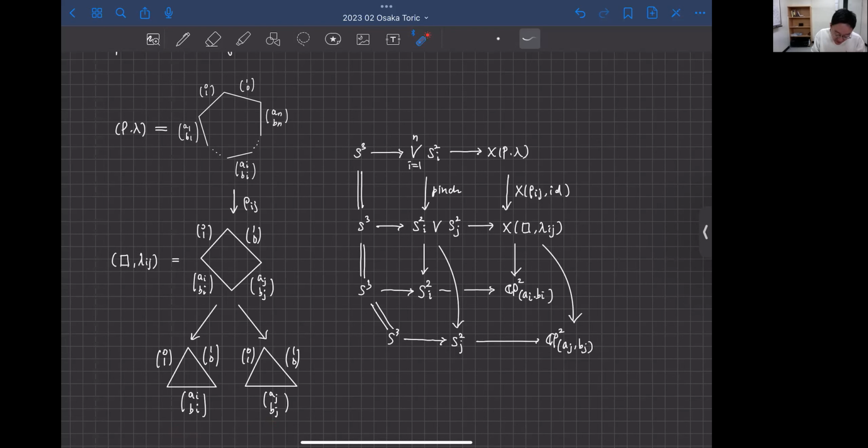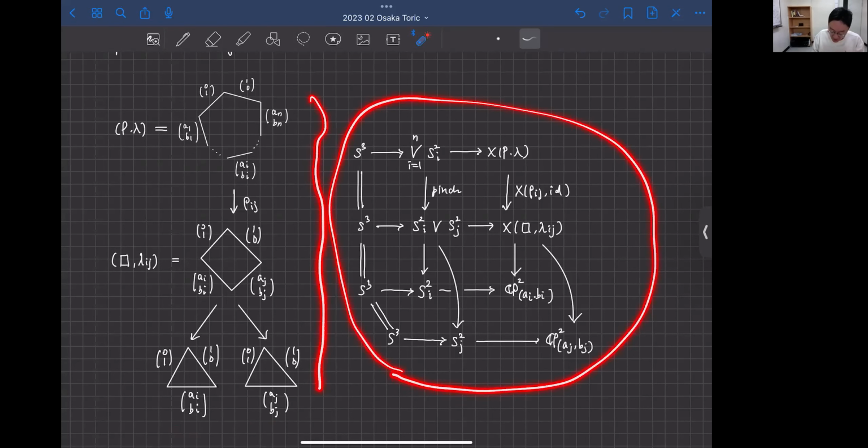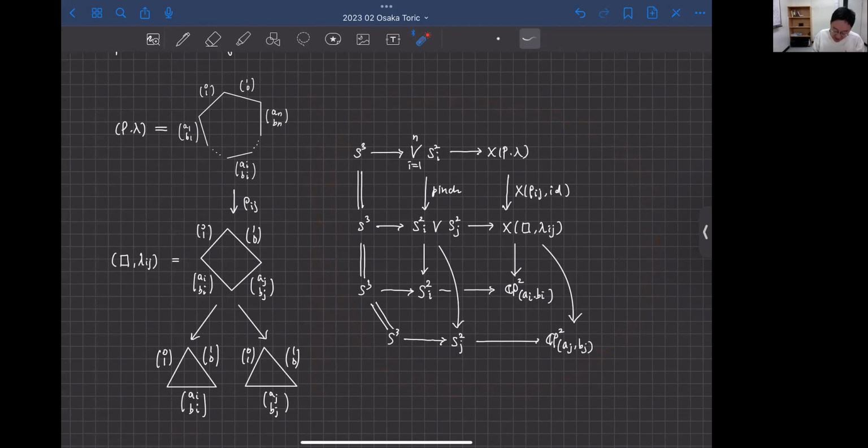And this combinatorial procedure corresponds to these topological cofibration diagrams. So first we think of this cofibration sequence, and we just pinch all the other 2-spheres except for i's 2-sphere and j's 2-sphere. And then there's another toric variety, a four-dimensional toric orbifold, corresponding to this characteristic pair.